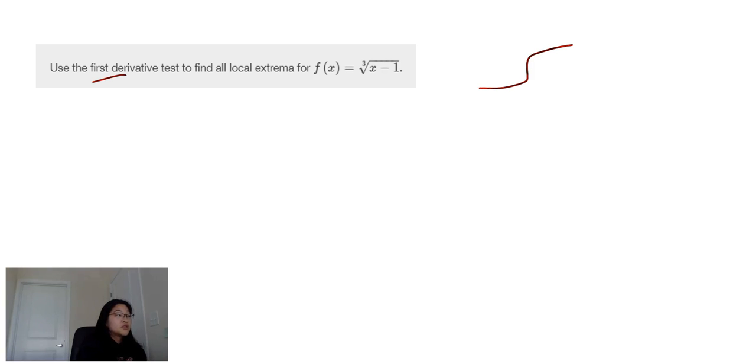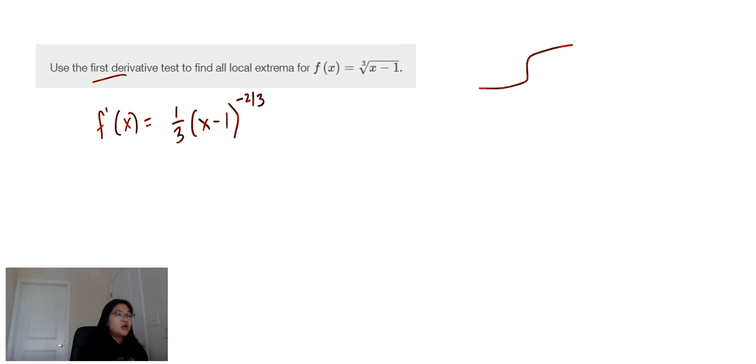That's good. So we need f prime of x equals 1/3 times (x minus 1) to the negative 2/3 power times the derivative of x minus 1, which is just 1. Hey, Ms. Contreras, how did you get that?